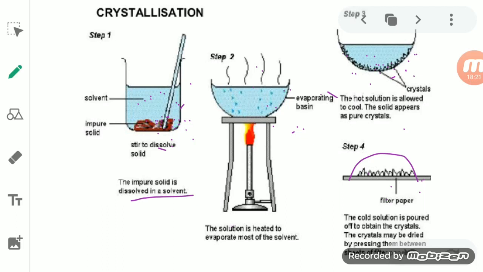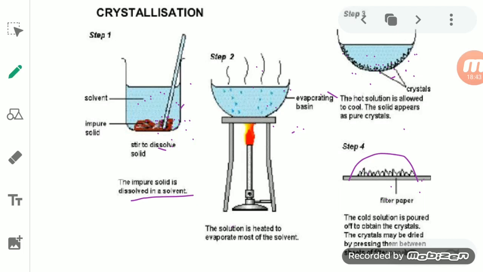There are a lot more examples of crystallization. We can separate the solid from the liquid, and the name crystallization is given because we obtain the pure form of a solid in the form of crystals.